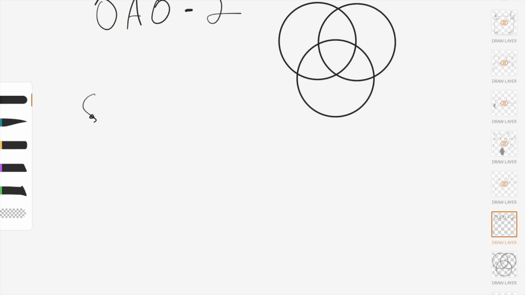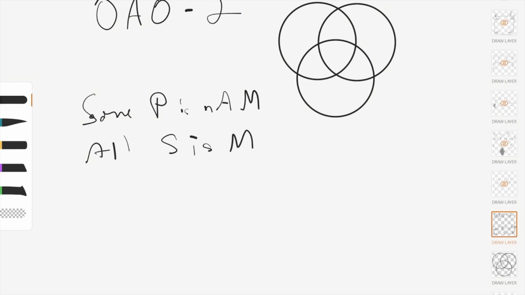So the schema is: the major premise is some P is not M. The minor premise is all S is M. And the conclusion is therefore some S is not P.